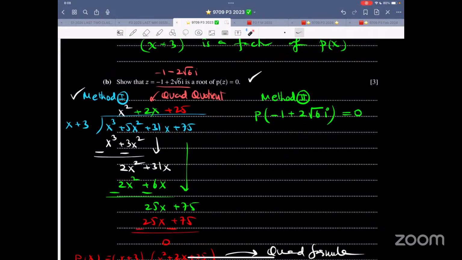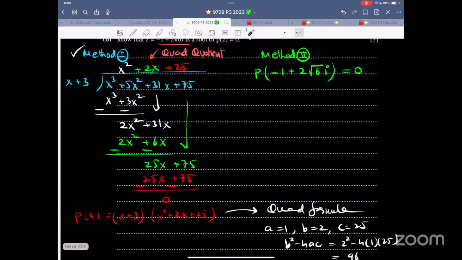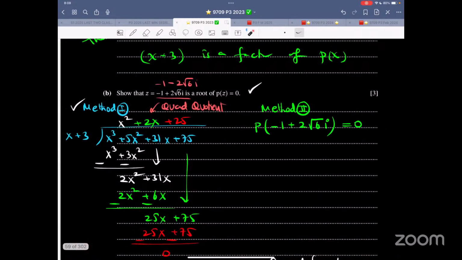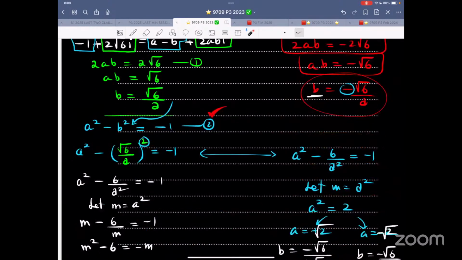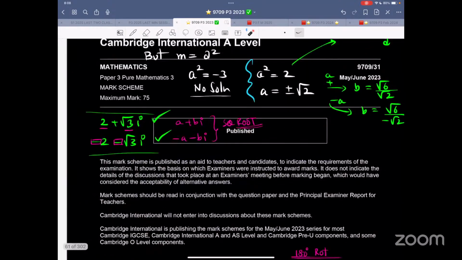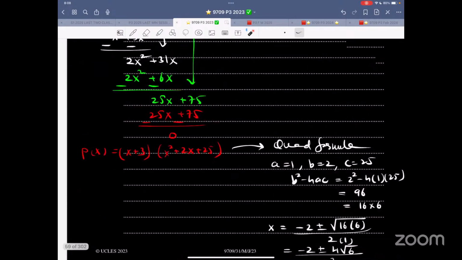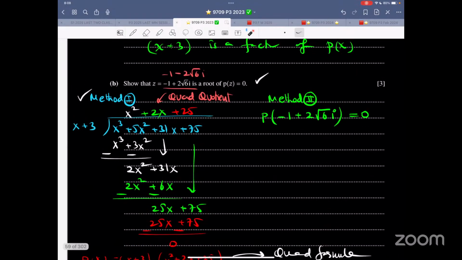So the first method is that we carry out long division. So this is method number 1. Now, how do I get this? I think I've done it on the sidelines over here. So I think maybe I wrote it and then erased it.